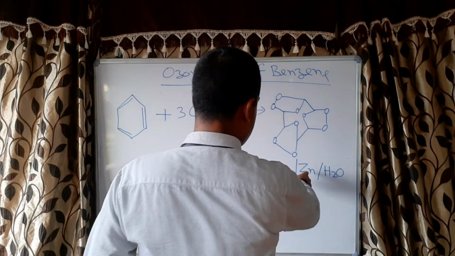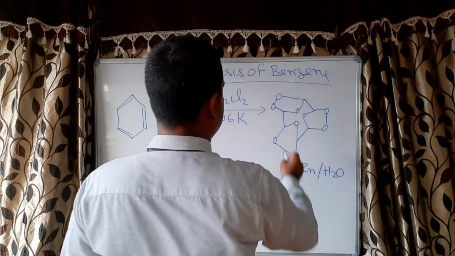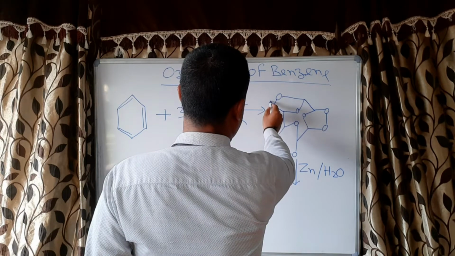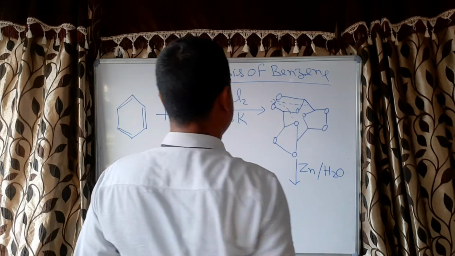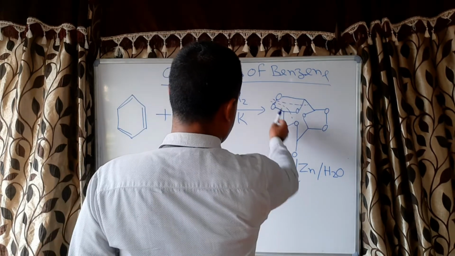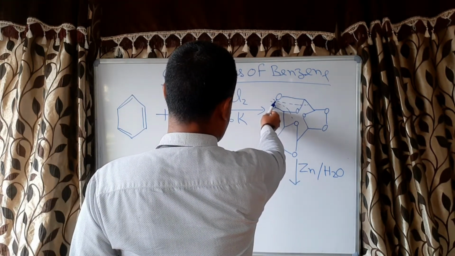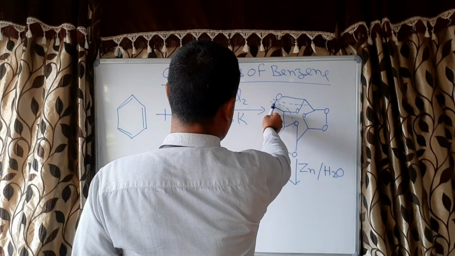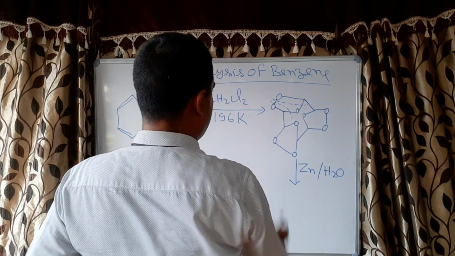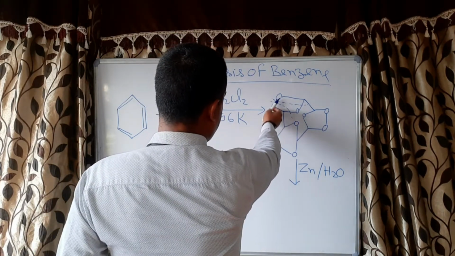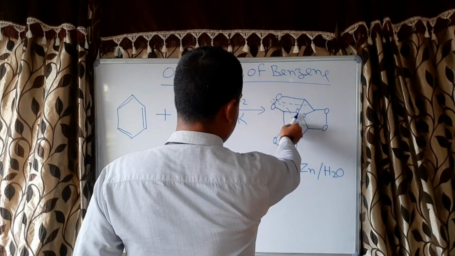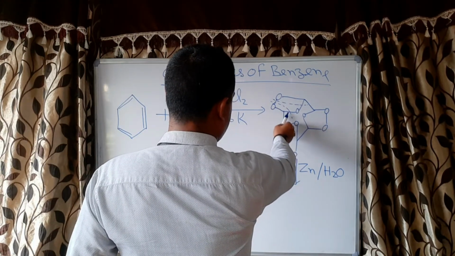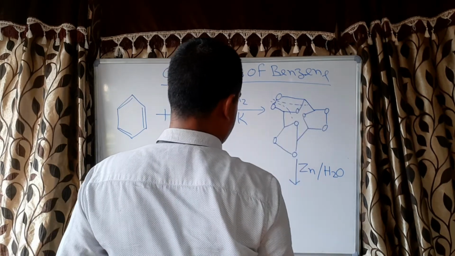Because when we use the zinc, this bond will be broken. Correct? See, this oxygen is completely broken from each other. Only it is connected by this bond, and this oxygen is connected by this bond. But this oxygen is completely broken. This bond also broken and this bond also broken.